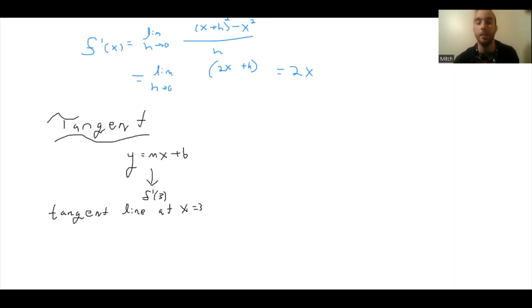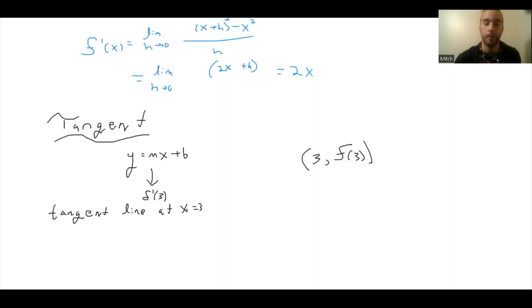And then this b, we're just going to solve it by subbing in the other piece of information we know, which is we'll always know the point. Since a tangent line touches the function at that point, it will always go through the point 3, f of 3.